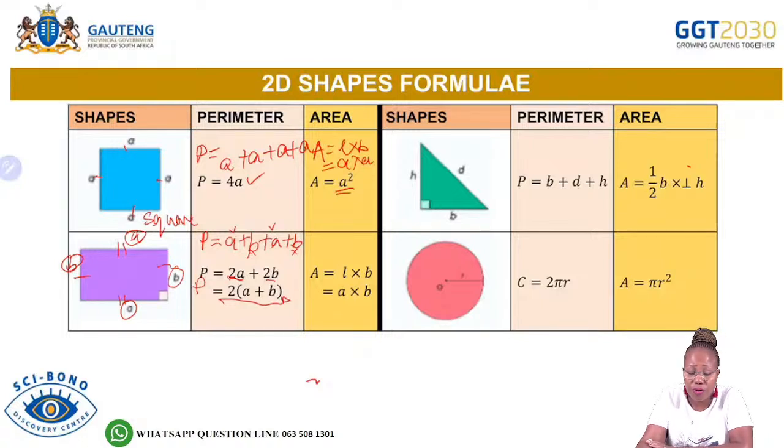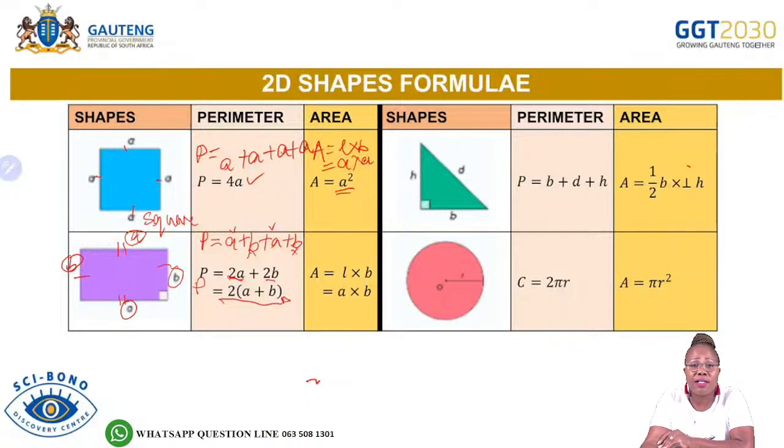And then moving on to the triangle, now we have side B, side D, side H. It's a scalene triangle. It's a right angle triangle, but all sides are not equal. A triangle with sides not equal, we call a scalene triangle.